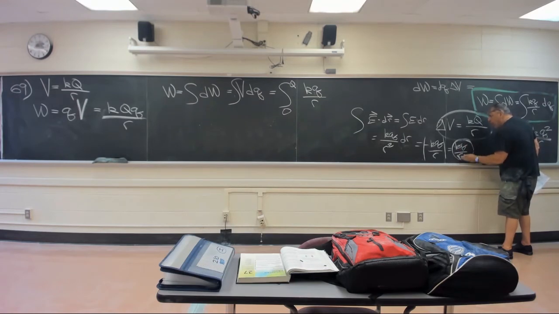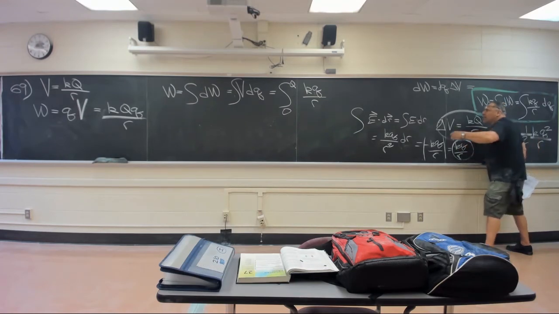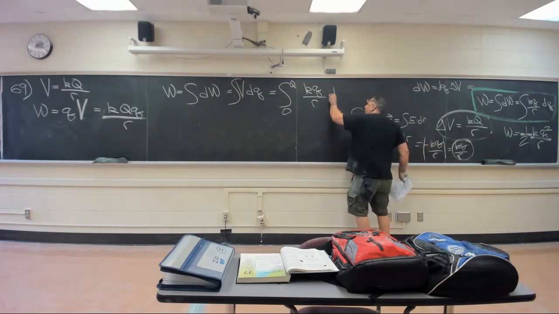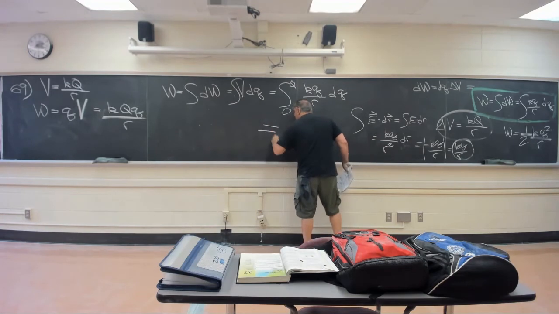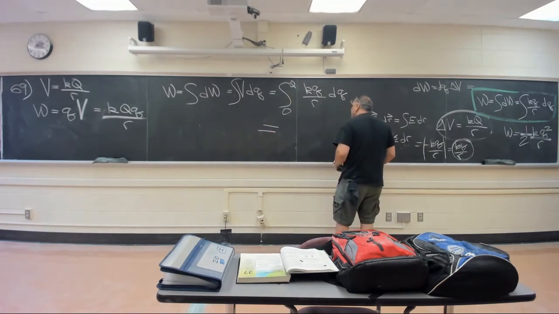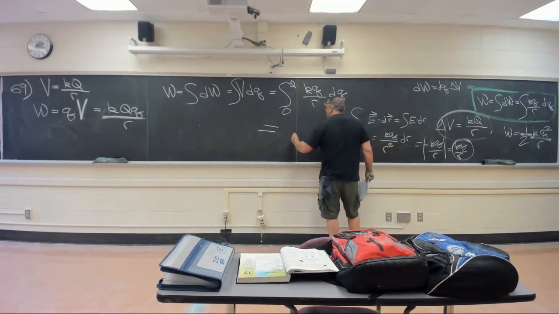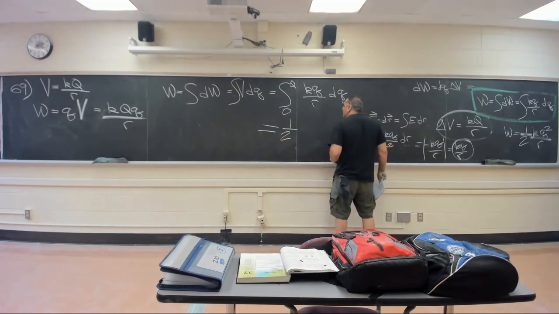So leave the R alone and put a different Q continuously present. Now integrate with respect to Q. It's a little complicated, and at the end of the day, what does it lend itself to? It lends itself to what you know how to do.